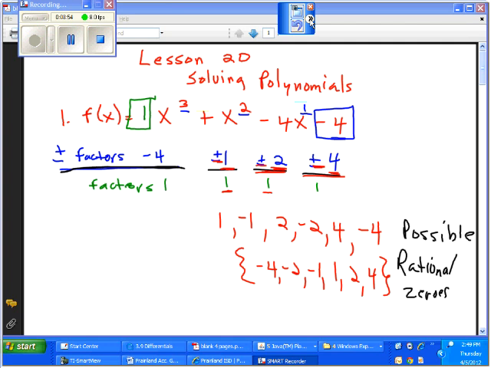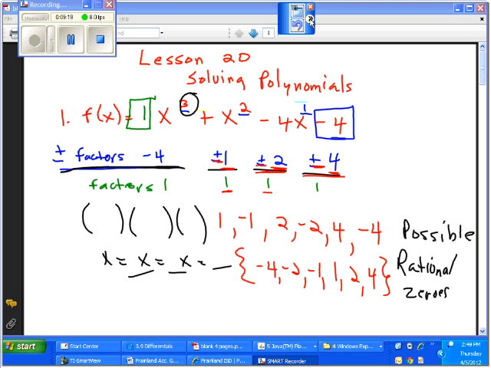So that means if it's an x to the third power, there's 3 possible zeros. There would be 3 roots. And so we'd have x equal, x equal, x equal. There's 3. It's possible that 2 of those are from the set negative 4, negative 2, negative 1, 1, 2, and 4.